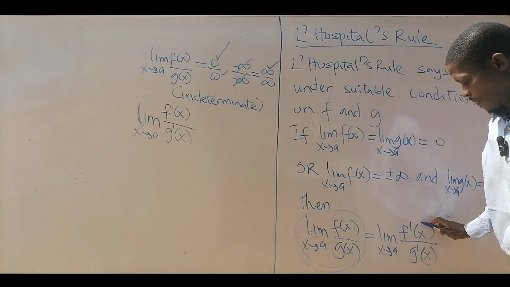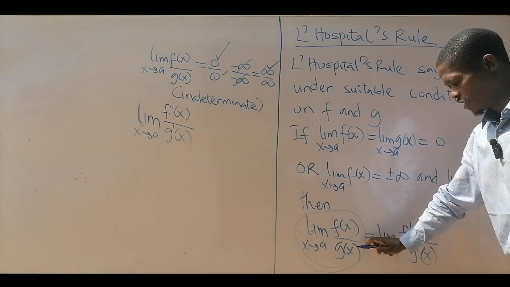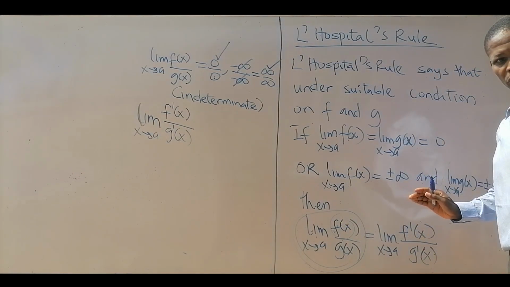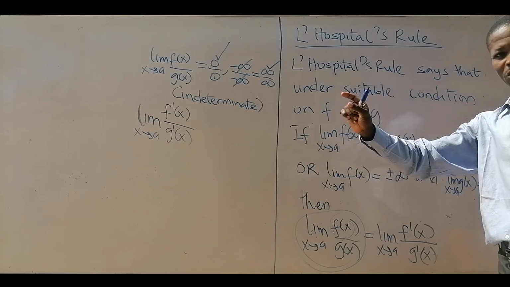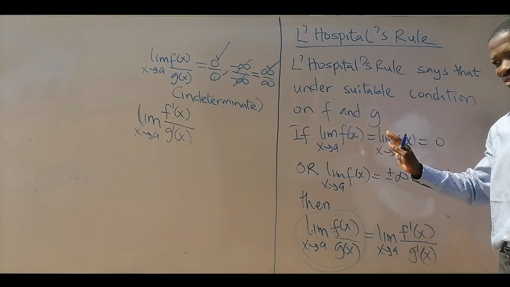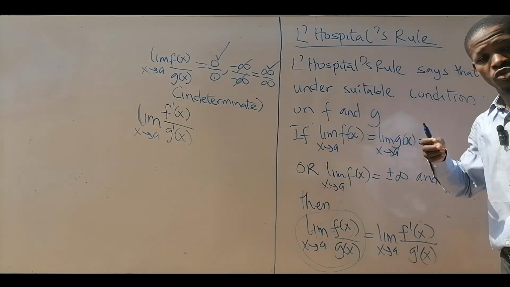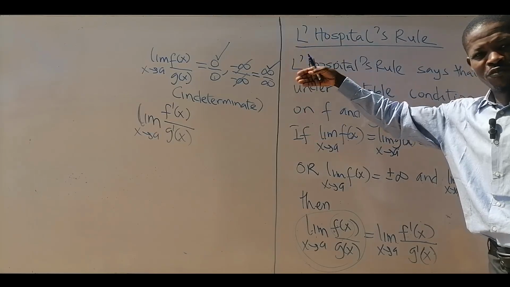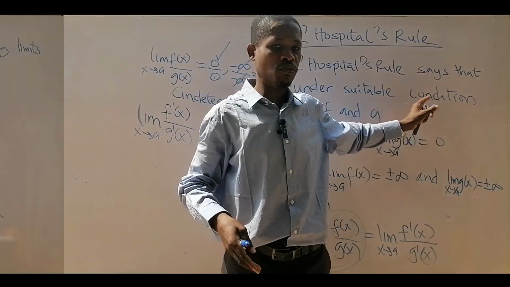You differentiate the numerator separately, and you differentiate the denominator. In this case, we are not going to use the quotient rule. You differentiate each of them individually, the numerator separately, the denominator separately. And that is the bone of contention in this aspect. You have your indeterminates, 0 over 0, infinity over infinity. Then you use L'Hopital rule.